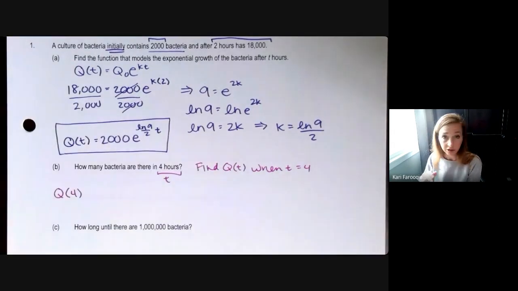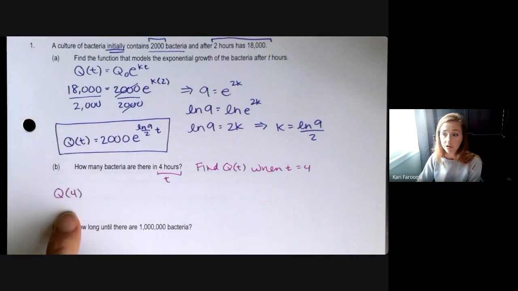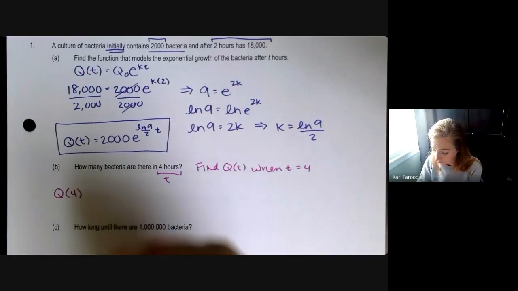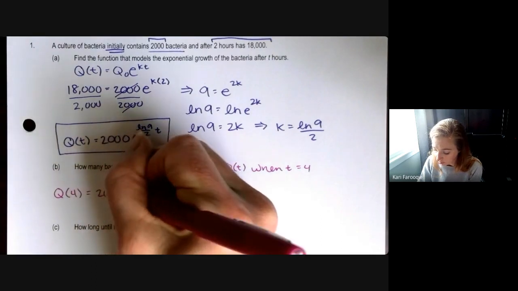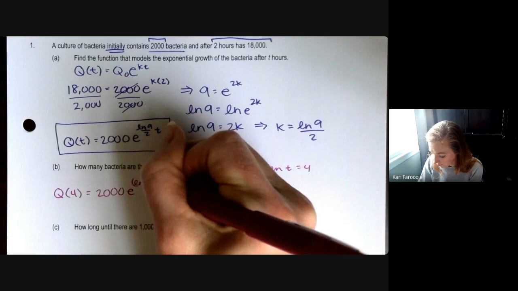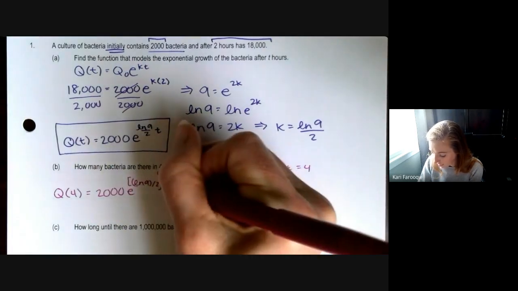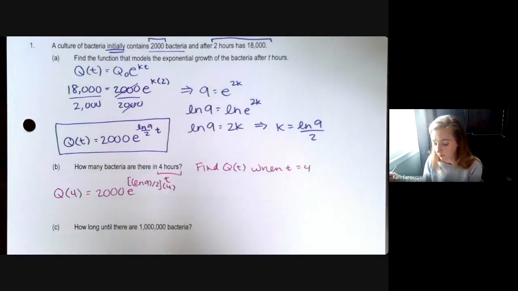So you don't need to do anything else at this point except use the model that you already found whenever t is 4. So this will be 2,000 e to the ln 9 over 2, and you're going to multiply that by 4.